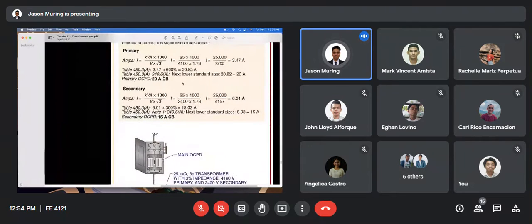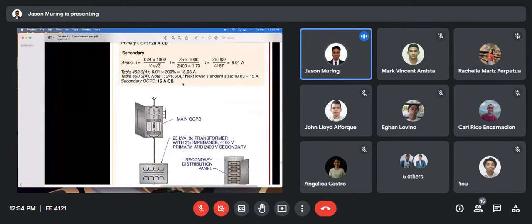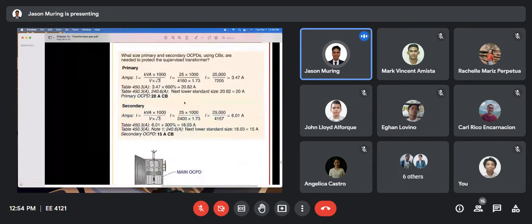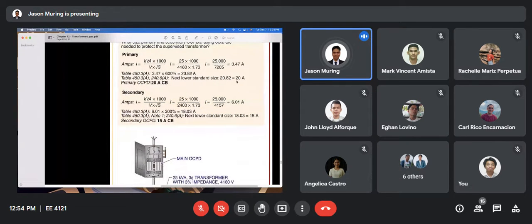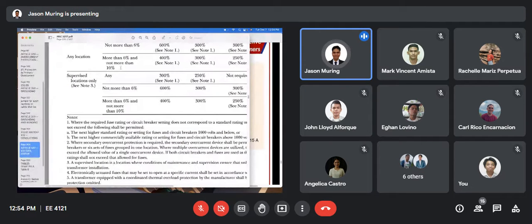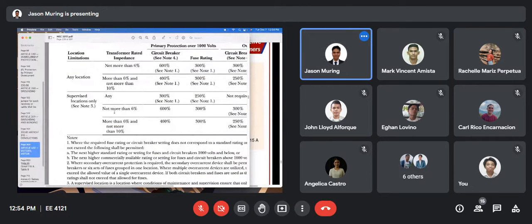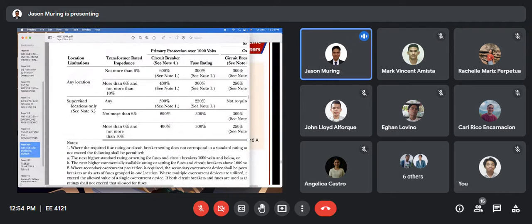So again, this is a little confusing because there's no way of knowing when to use next lower or next higher according to these calculations alone. Okay, but if we use this, then we should use next higher. Then you also see that if we have percent impedance of the transformer, we have higher multipliers.